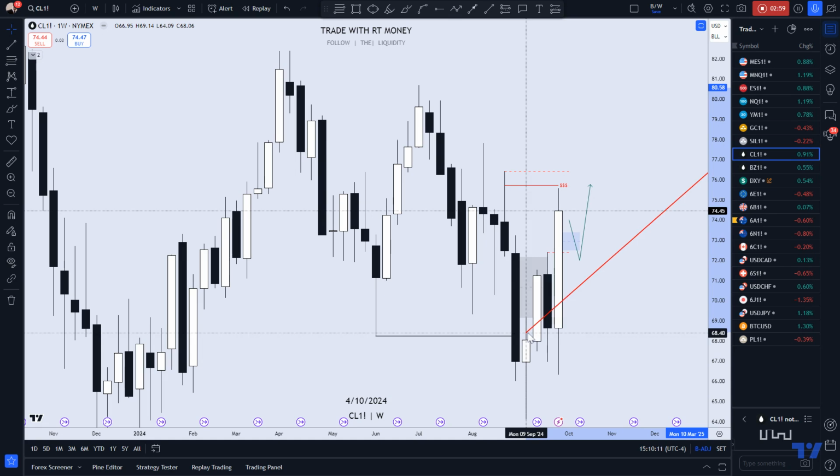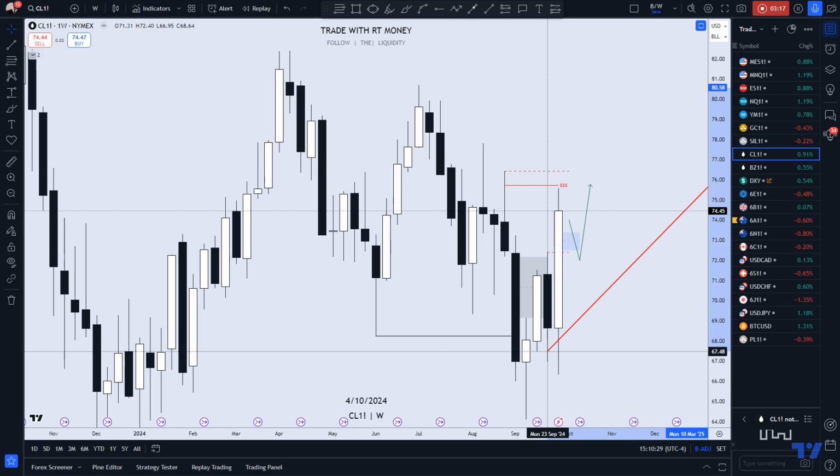Well, price also created this bearish fair value gap here. We created it here, tested it, had a reaction, but that reaction was muted. It was weak. Uh-oh. That means that the retracement isn't over.